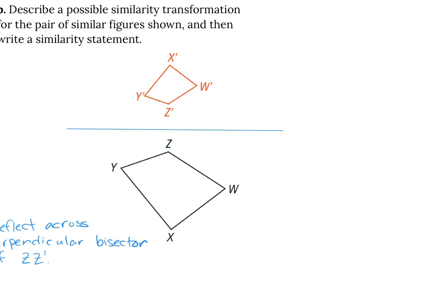Erase that. So from Z to Z prime. It looks like my perpendicular bisector is pretty close, so I'm just going to leave that. And then we want to create our points here.